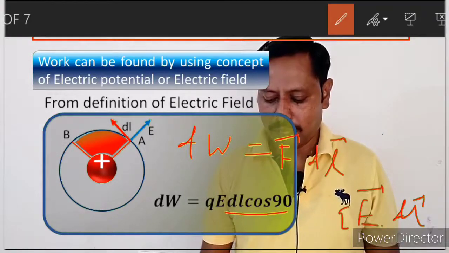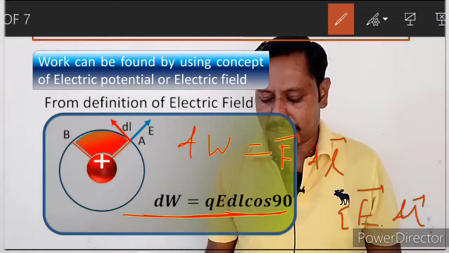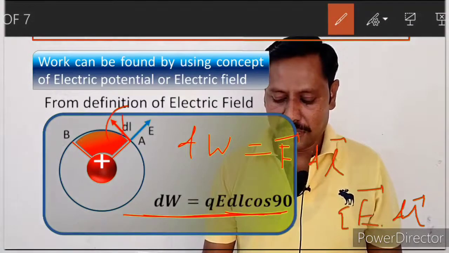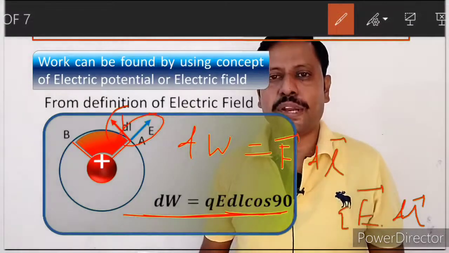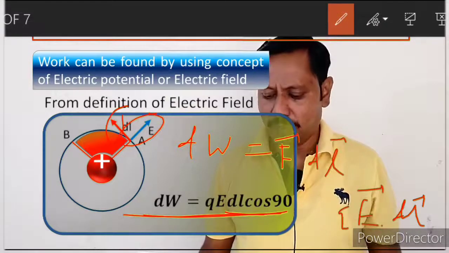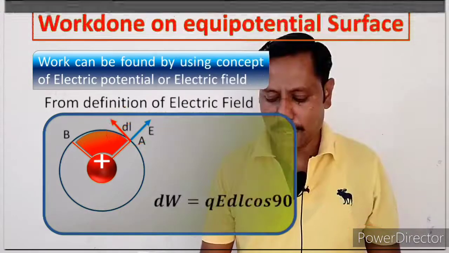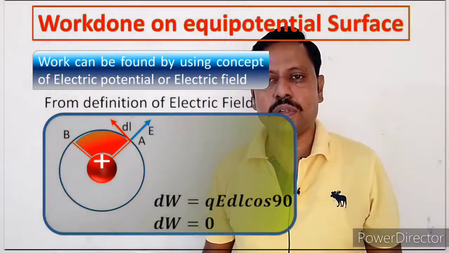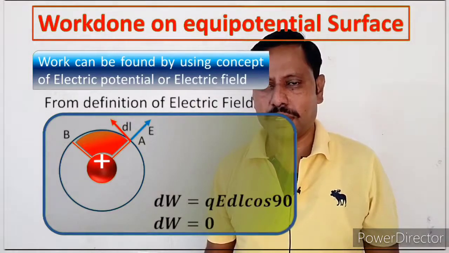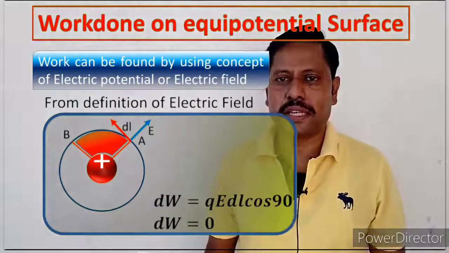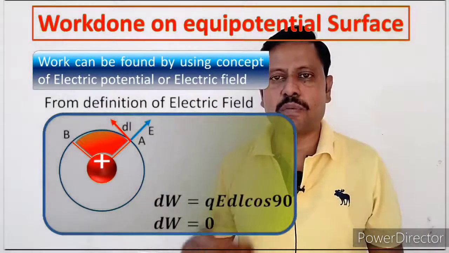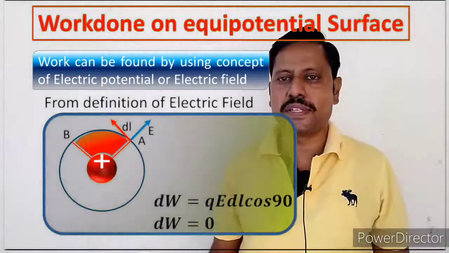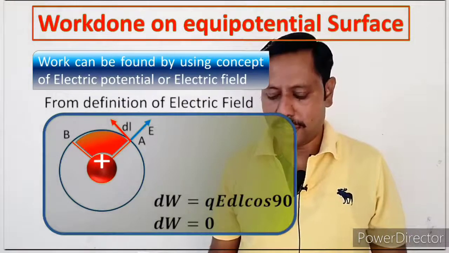So the work done is expressed like this: qE dl cos 90, because this dl and this E are perpendicular to each other. The angle is 90, so cos 90 is equal to 0. Therefore work done is also equal to 0. So by both approaches we are getting that on the equipotential surface, if we are moving from one point to the other, the work required on that surface is 0.